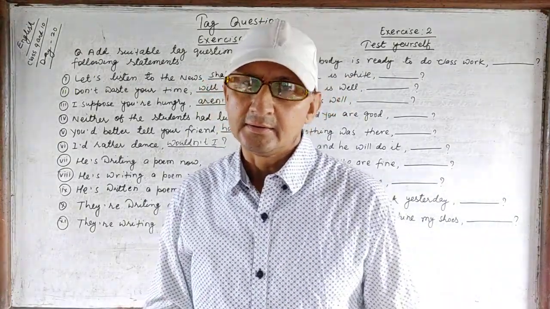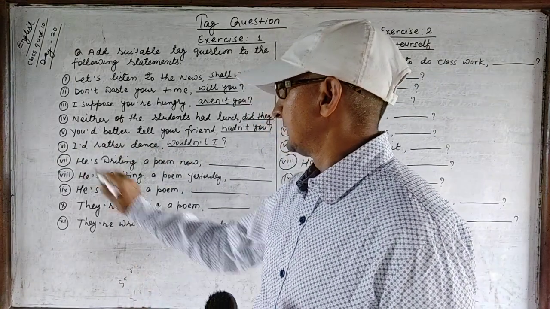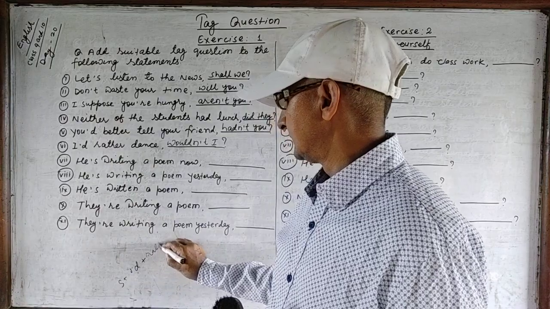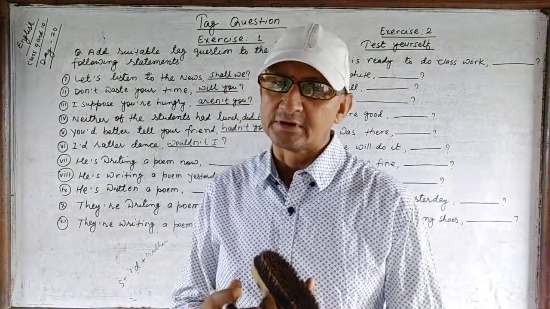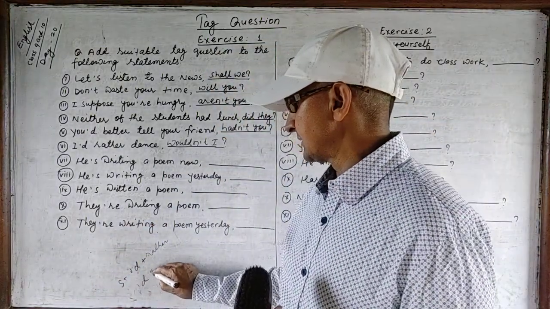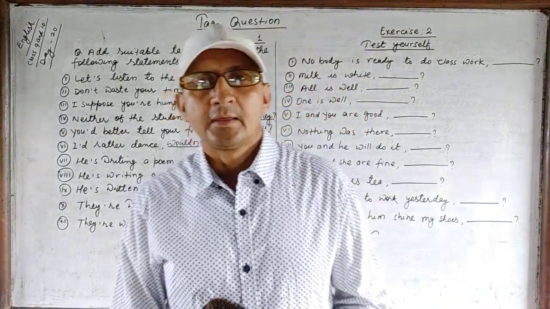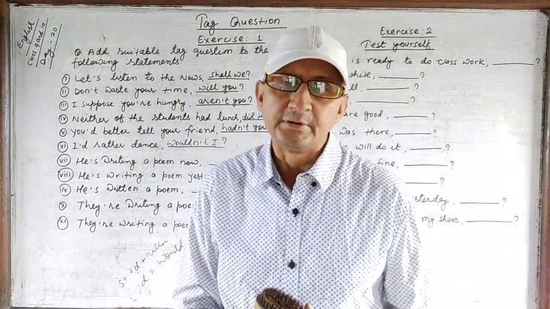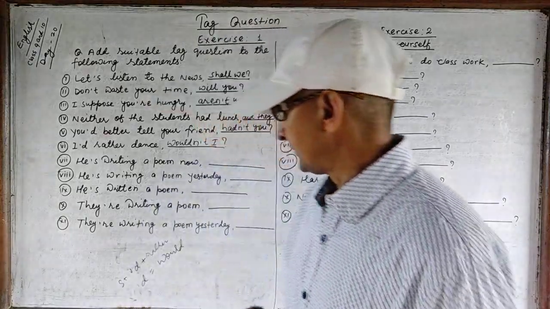If there is subject plus apostrophe D and rather, if there is subject plus apostrophe D plus rather or V1, the apostrophe D becomes would.